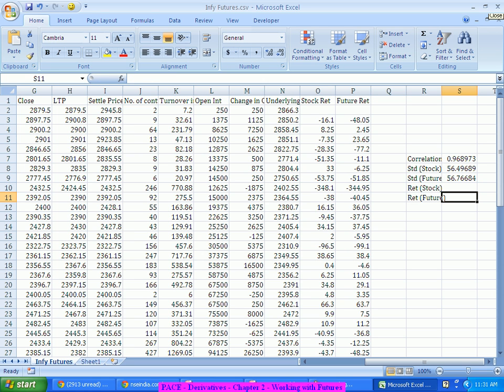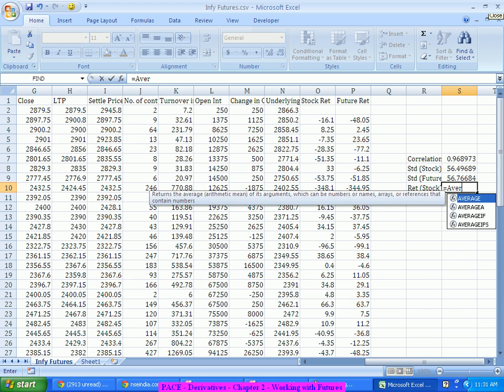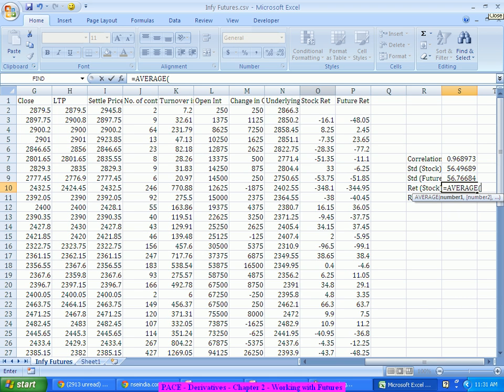So the return on stock, I'll use a simple average formula, equal to average on the stock, which is telling me that per day I'm losing almost 7 rupees on an average, because we have seen that 2.8 has gone to 2.4. So that is the kind of a loss that is possible. Similarly, on a future market also, the loss is almost 8 rupees.